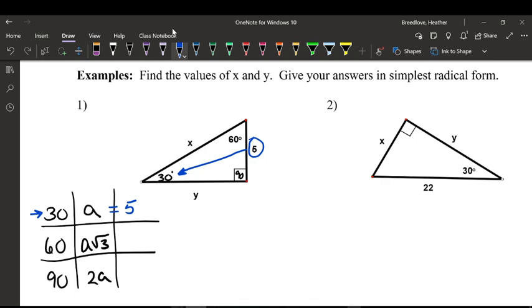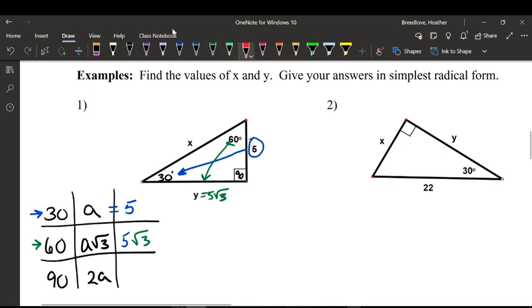And so this is one of the simpler situations. If A is 5, then I can find the long leg because that's A square root 3. If I know that A is 5, then it's 5 square root 3, right? So across from 60, here's 60, the long leg of the triangle is 5 square root 3.